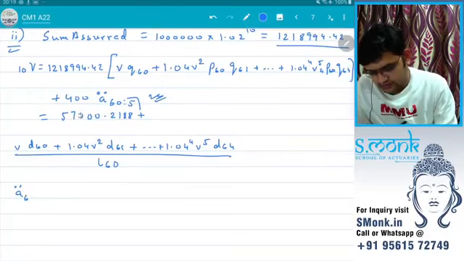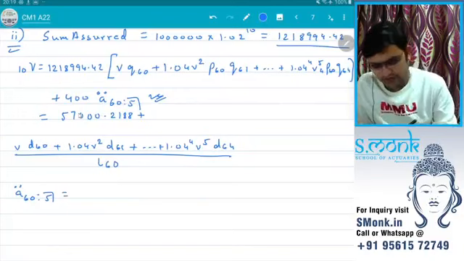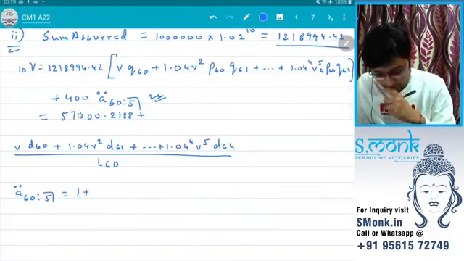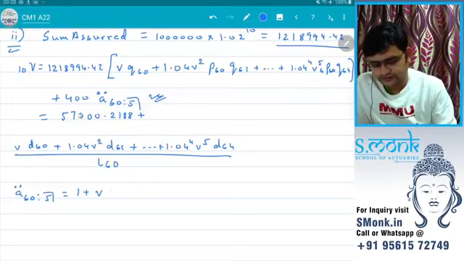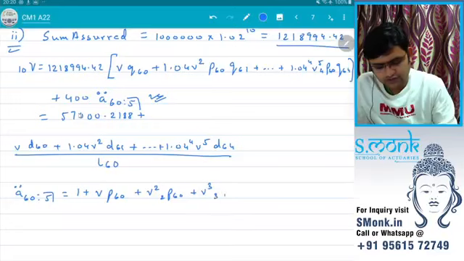So ä60:5 at 5% rate of interest would be 1 plus, if the person survives, everything according to the person surviving: v p60, v squared 2p60, v cubed 3p60, v raised to 4 4p60.